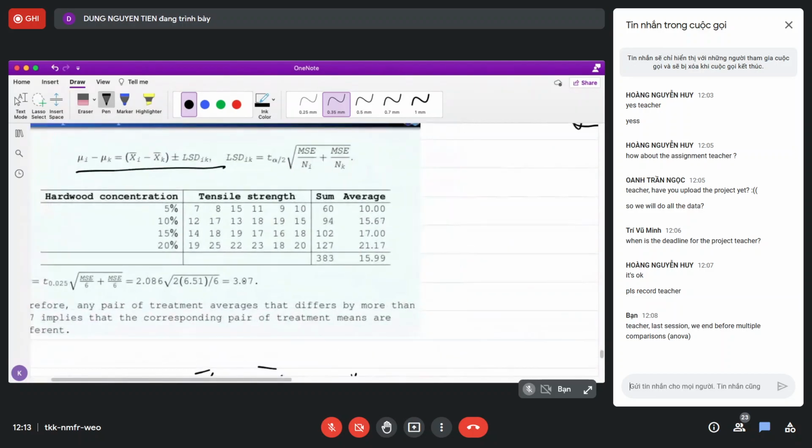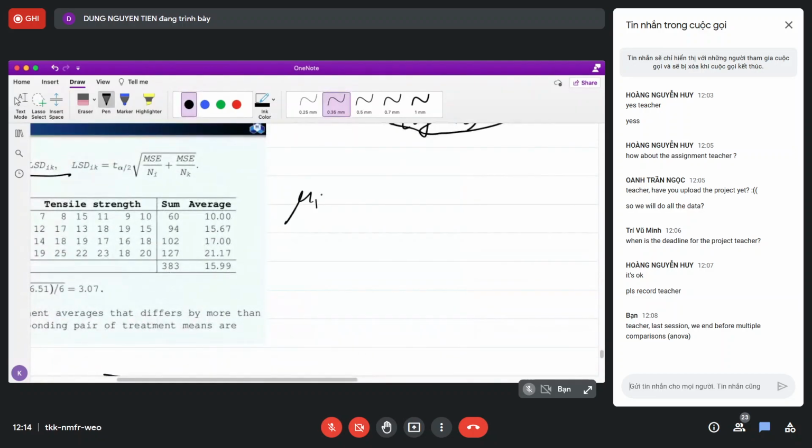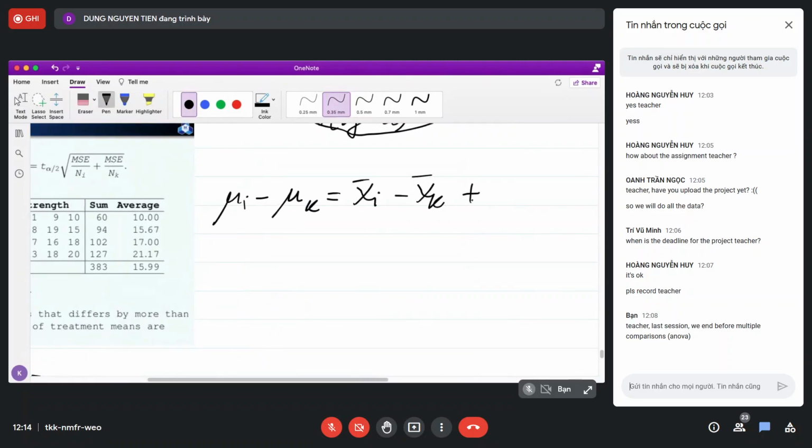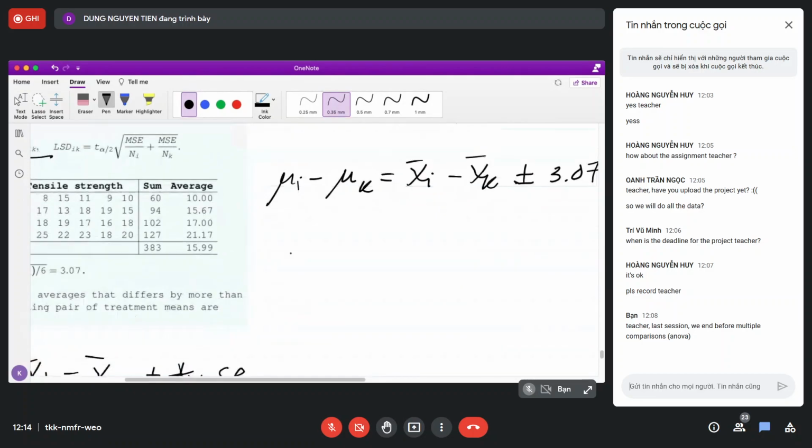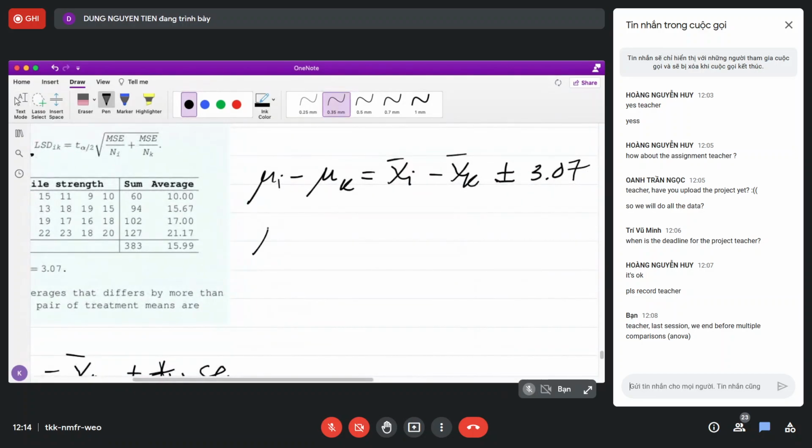All right. So you know that mu_i minus mu_k equals x_i bar minus x_k bar plus or minus the LSD, which is 3.07. Do you understand? Now have a look at, let's say, mu2 minus mu1.